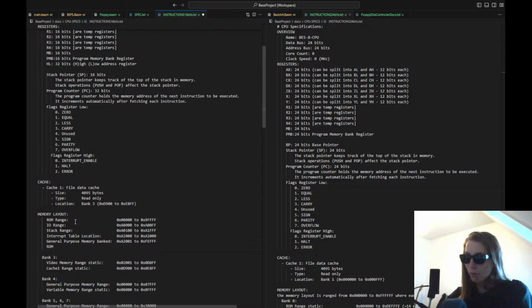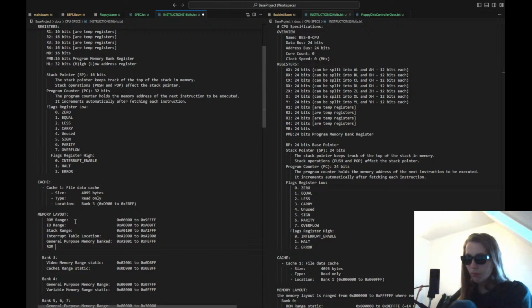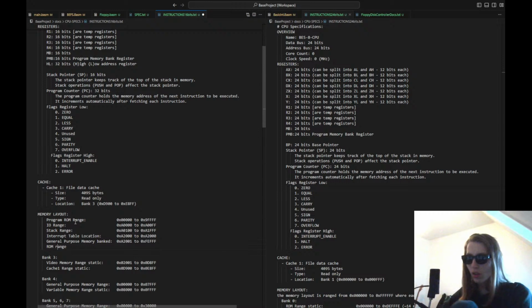Well, we also have some ROM. What this is, program ROM. This is just ROM, which is from 0xFF00 to... I feel like I've done something wrong here.